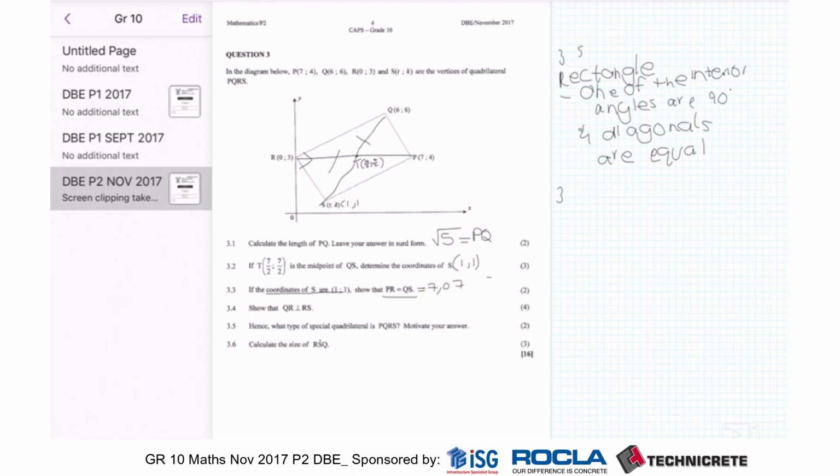Okay, last question. It says calculate the size of RSQ. So this angle right here.